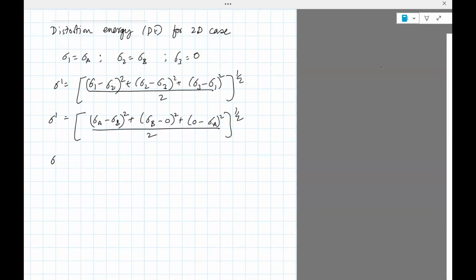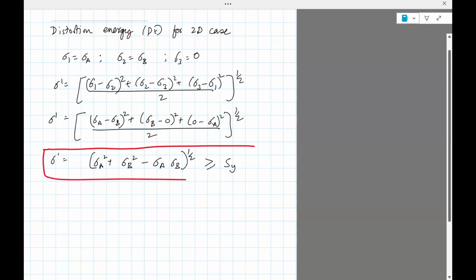When you simplify this, you get sigma A square plus sigma B square minus sigma A sigma B, raised to half, which is the square root, is greater than Sy. So this is the equation which determines the failure for a 2D case. Failure criteria for distortion energy theory.